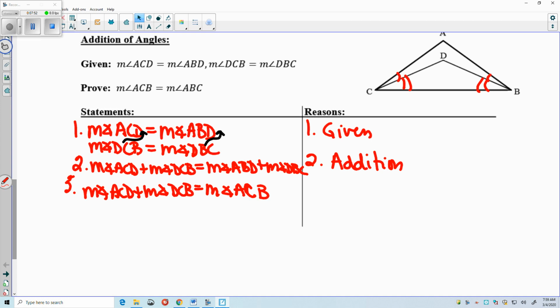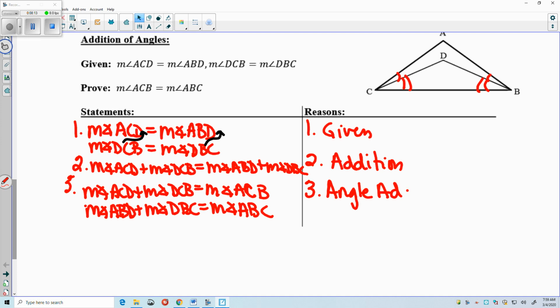And I'm going to do the same thing on this side with these two. If I added them, angle ABD, and I put the other part, angle DBC, that's going to equal angle ABC. So what we did there with angles was an angle addition postulate. Basically, the whole is equal to the sum of its parts.